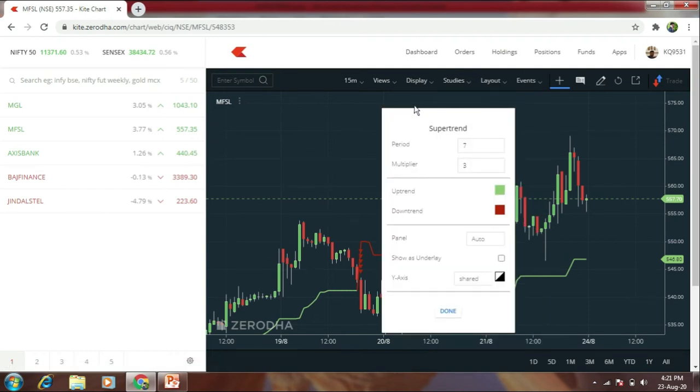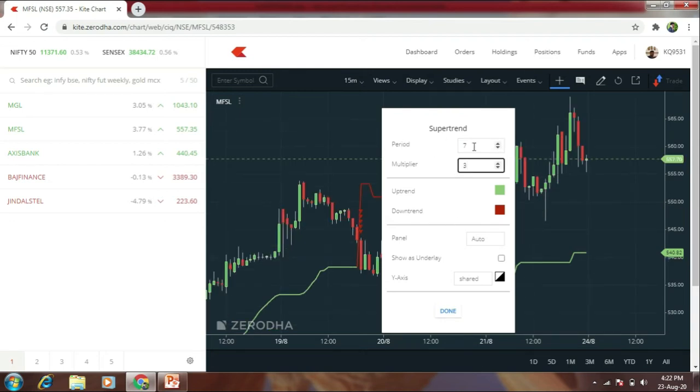You can see here there is a period 7 and multiplier is 3, and uptrend in green color and downtrend in red color. So don't bother about all those things. I will explain the formula, how these periods and multipliers are used in the calculation of super trend. Just keep this as the default setting.